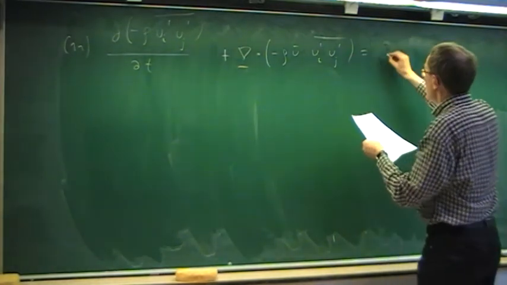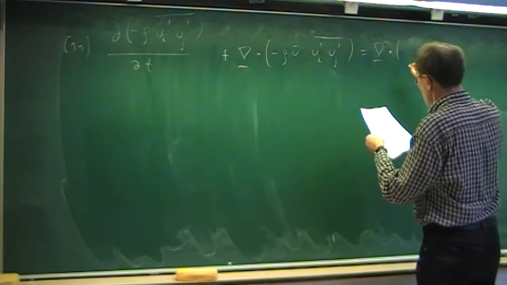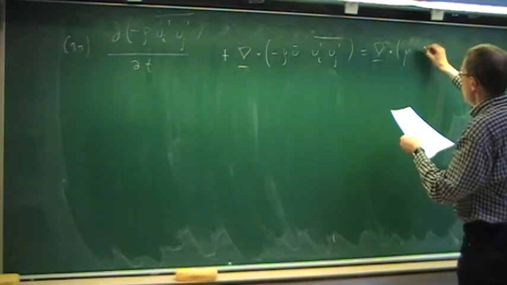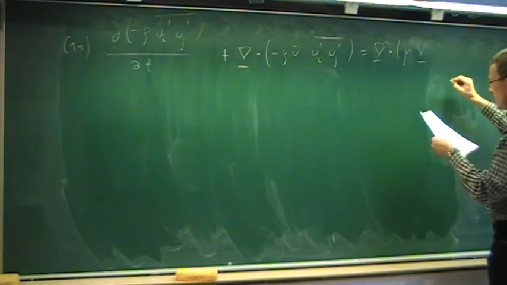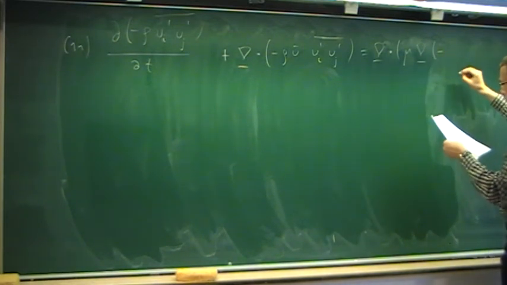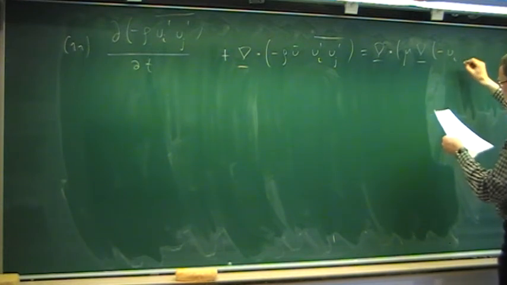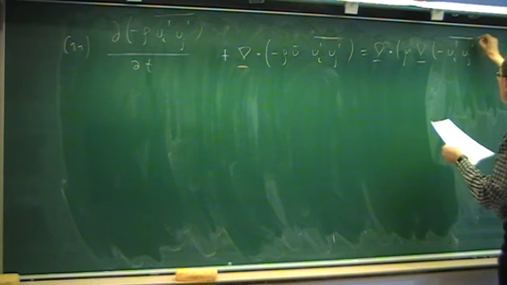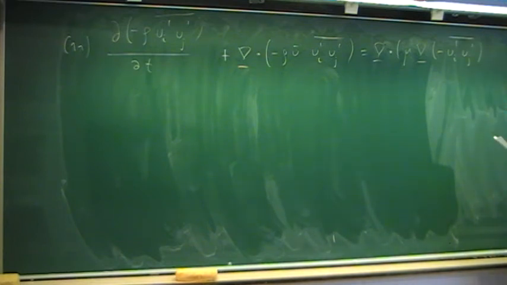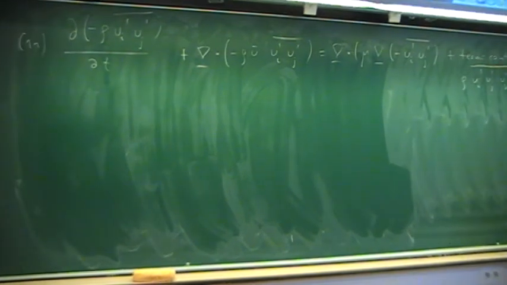On the right hand side we get the divergence of the viscosity times gradient of this component minus u_i' u_j' mean, and terms containing terms of the kind rho u_i' u_j' u_k' average, and so on.